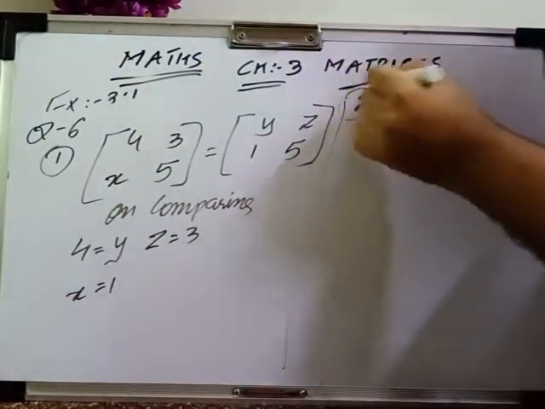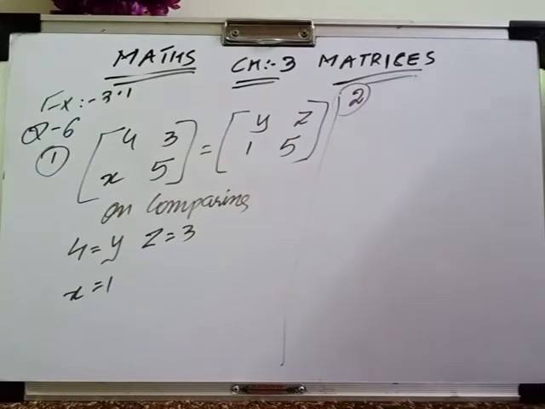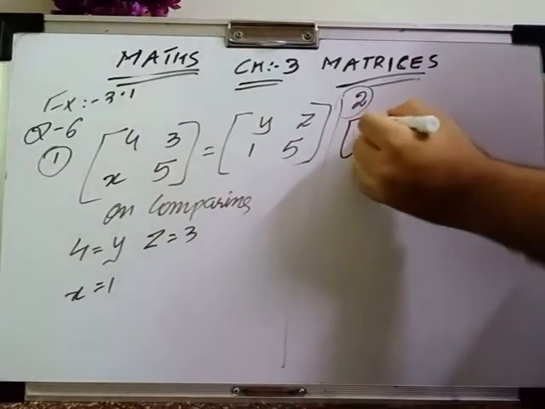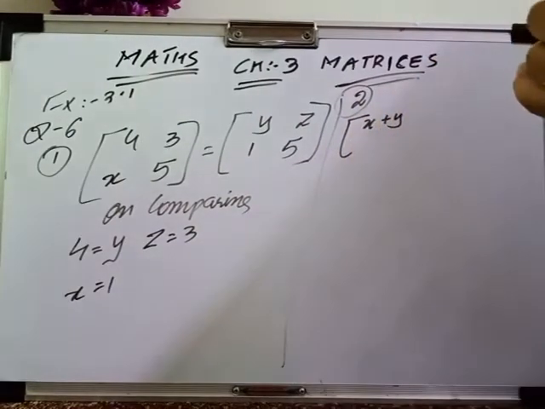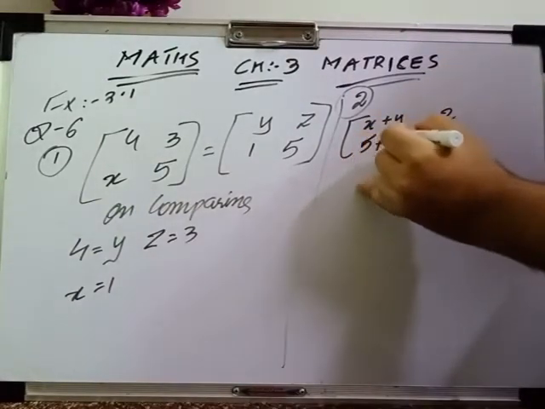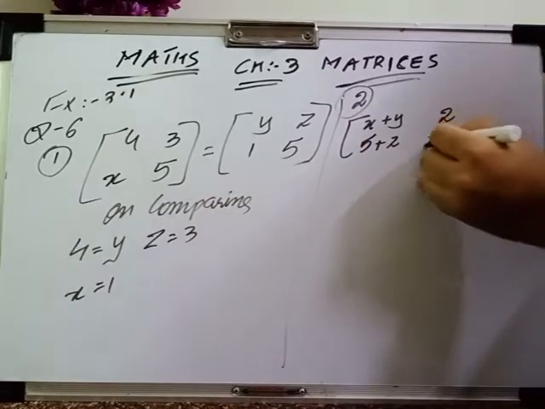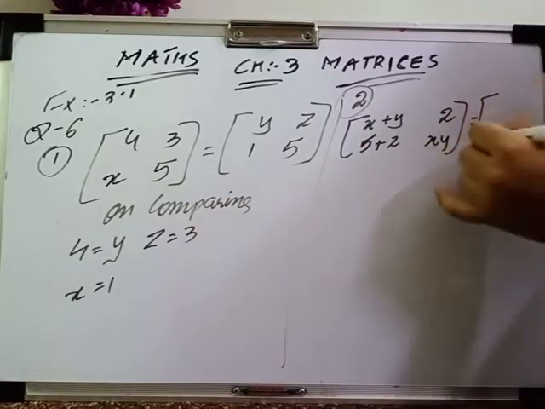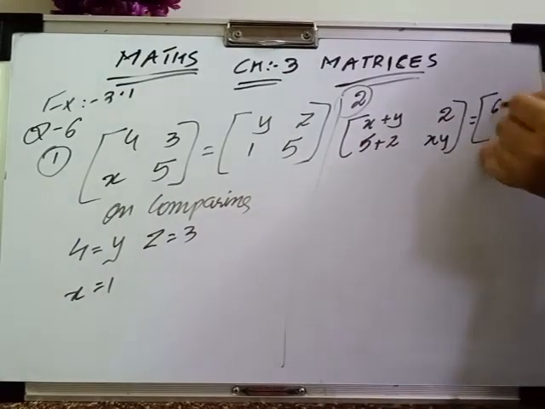Let's try to understand the second part. Here it is given x plus y, 2, 5 plus z, and xy is equal to 6 2 5 8.